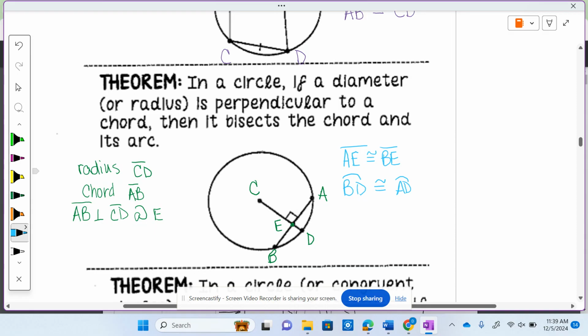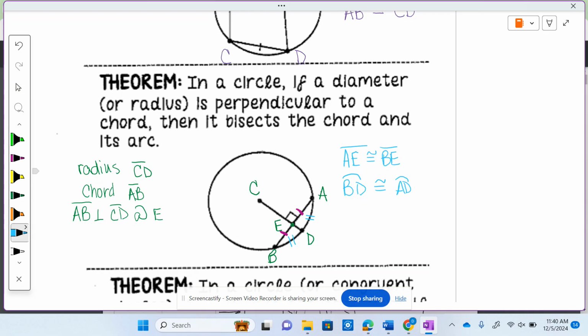We're on journal 6.5, number 1. So I'm going to mark this so you can remember it. I'm going to use a different color and mark it. So these two are congruent, and the arcs are congruent because they're bisected. Remember what bisect means. Bisect means it cuts it into two congruent pieces.